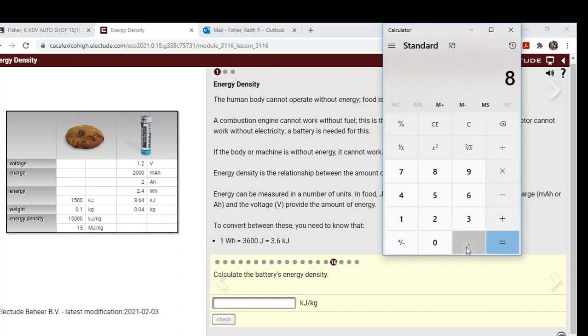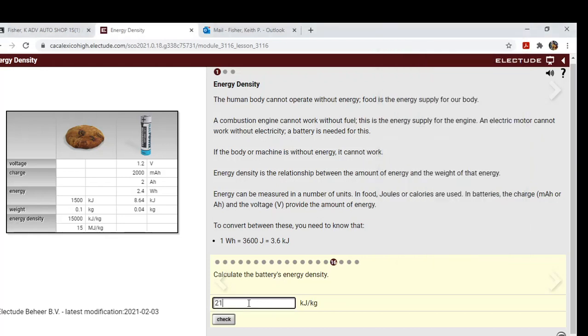So 8.64 kilojoules divided by 0.04 kilograms is 216 kilojoules per kilogram. So we see the cookie's energy density is much higher than the battery's energy density. And you can compare those two numbers there.